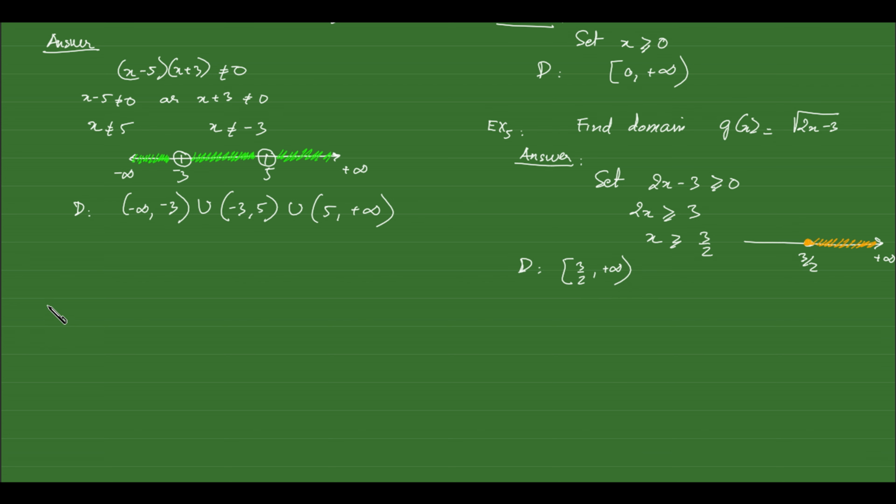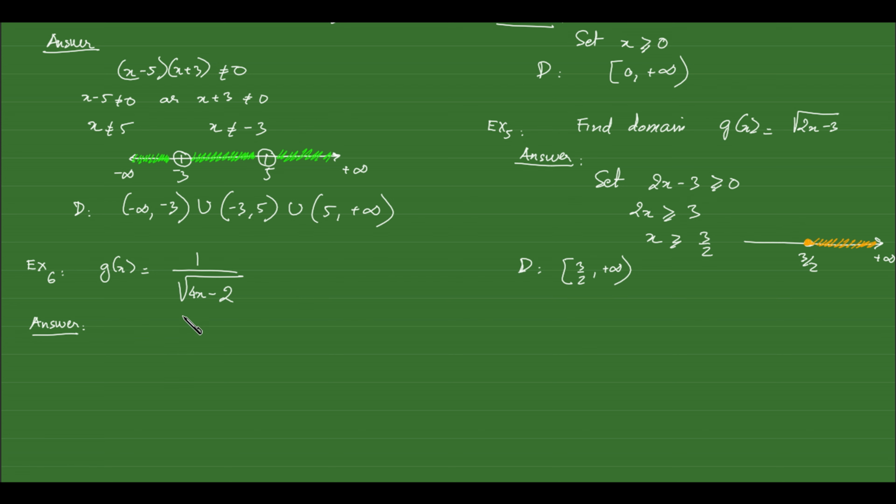That's simple. How about if I put the radical under the denominator? What happens? How about if I have it like this, 4x minus 2. In order to do this, again, you set up the radical greater than 0 only.